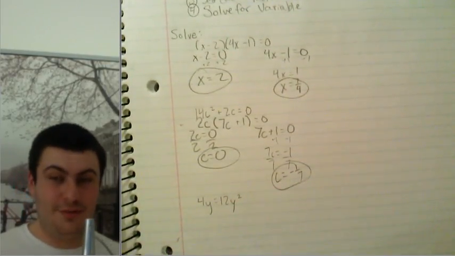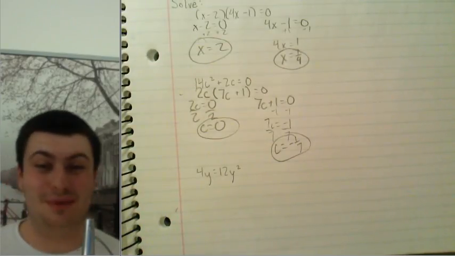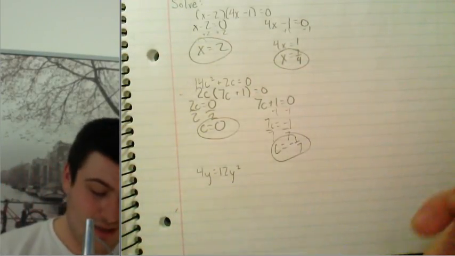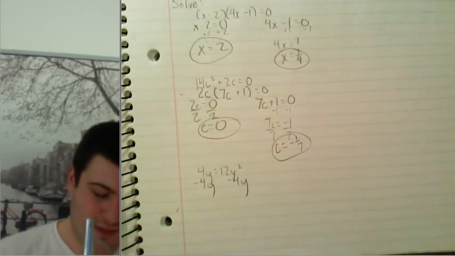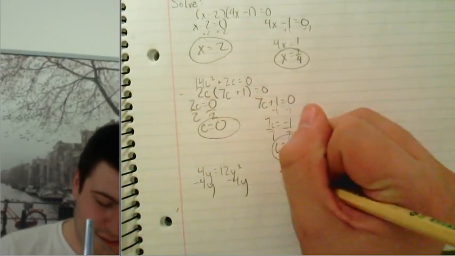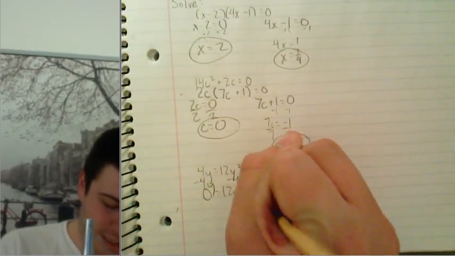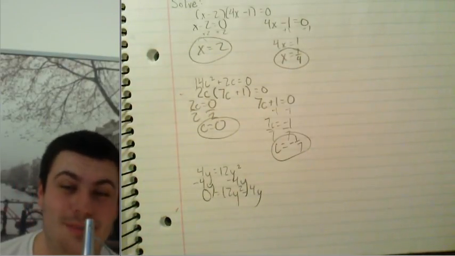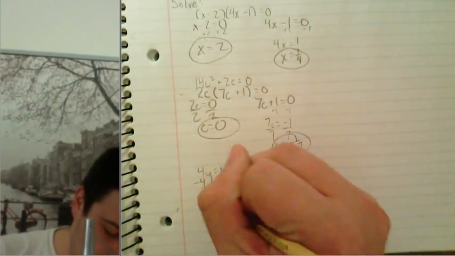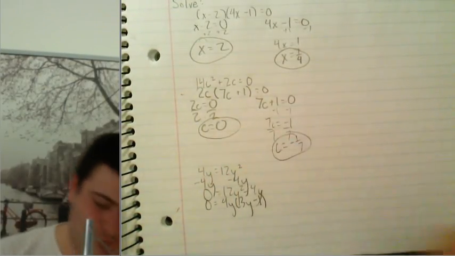Now we have 4y equals 12y squared. We need to do a bit of rearranging so that our equation equals 0. So let's see, I'm going to subtract 4y over this way, and I'm going to get then that 0 equals 12y squared minus 4y. At this point, I'm going to look at 12y squared, 4y, my greatest common factor is going to be 4y, so I'll be left with 3y minus 1.